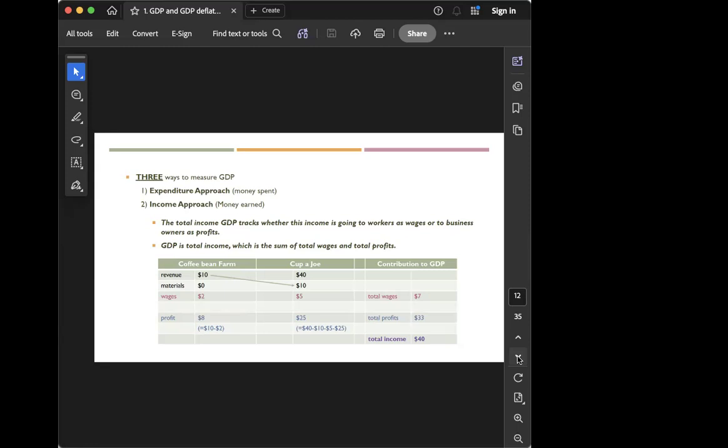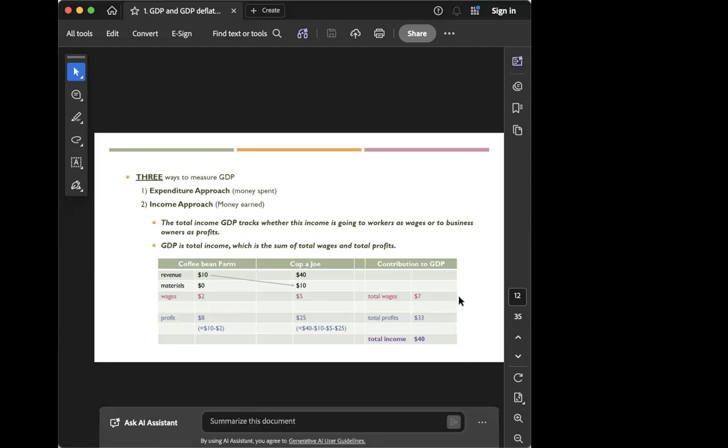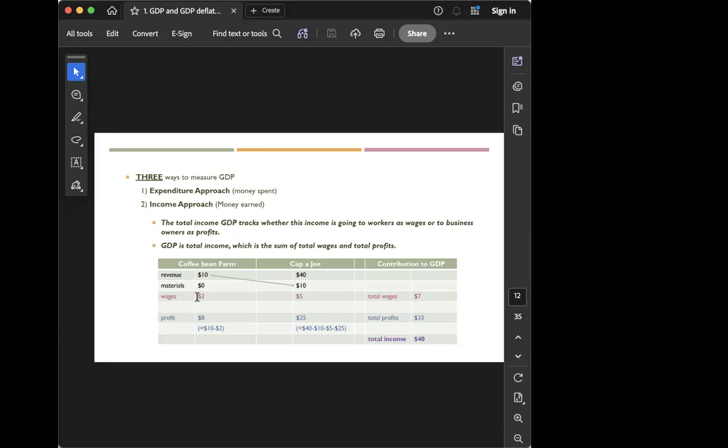In this example, total wages were $7, because we added up 2 plus 5 here. And also we're going to add up profits as well. Profits from Coffee Bean Farm were $8 and Copa Joe was $25, which adds up to $33. And once we add up total wages and total profits, we get a total income of $40.